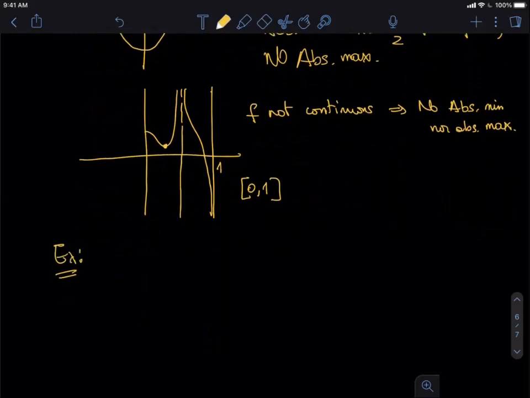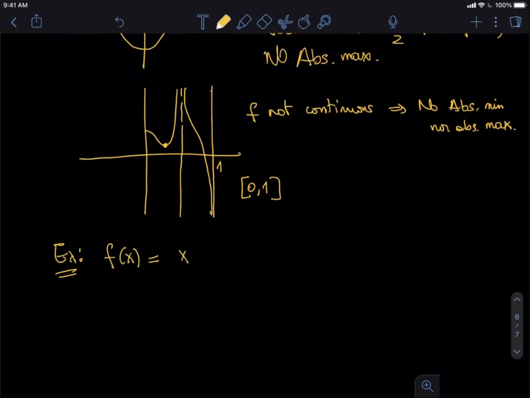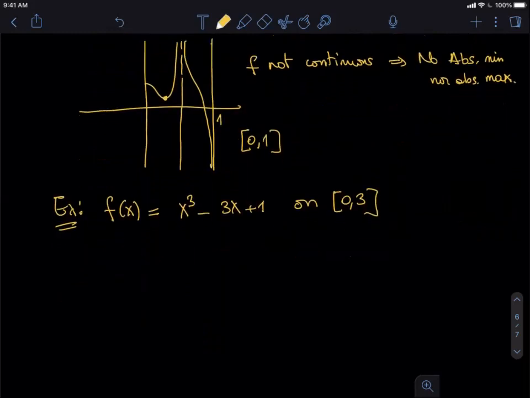Let's look at one last example. Find the absolute maximum and minimum values of the function f of x equals x to the power 3 minus 3x plus 1 on [0, 3]. f prime of x is 3x squared minus 3, right?